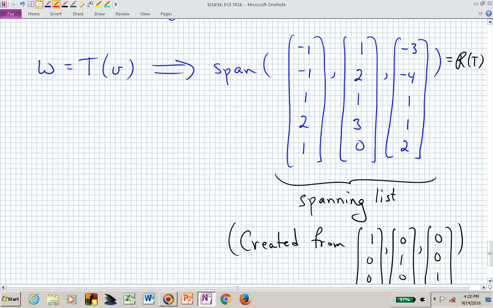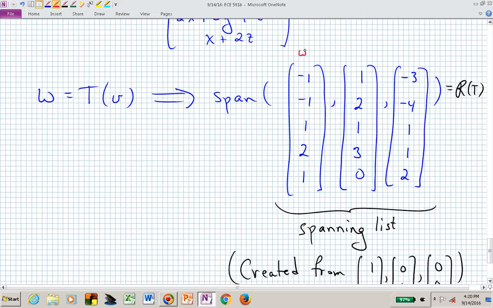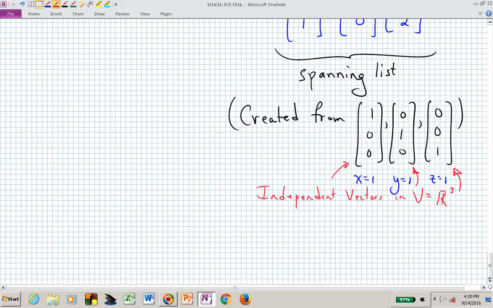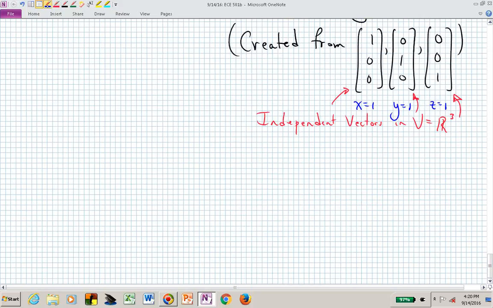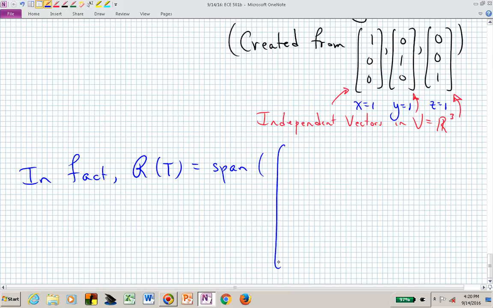If I now, let's say I labeled this as W1, W2, and W3, you can show that in fact the range of T is the span of the following two vectors, 1, 0, -3, -7, and -2, and another vector which is 0, 1, 2, 5, and 1.